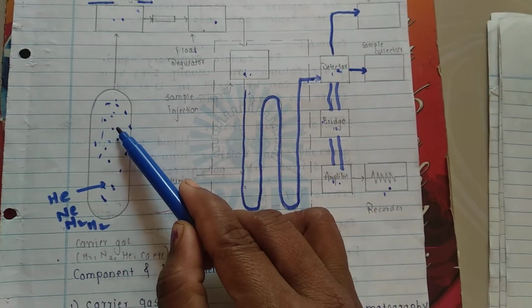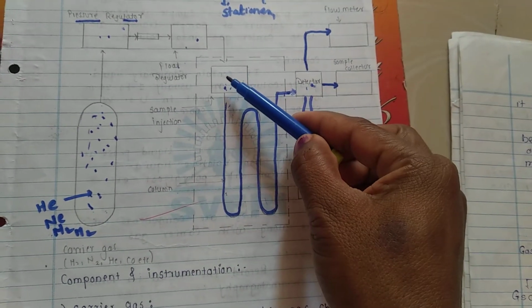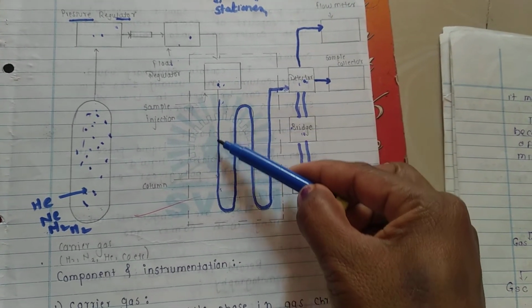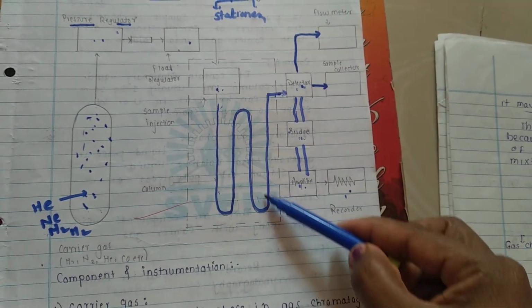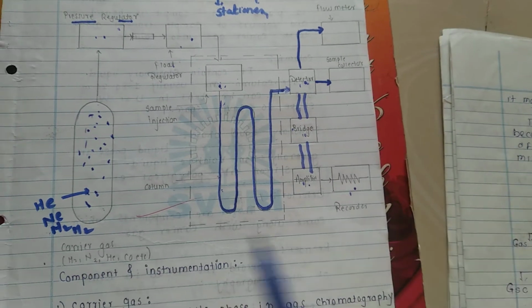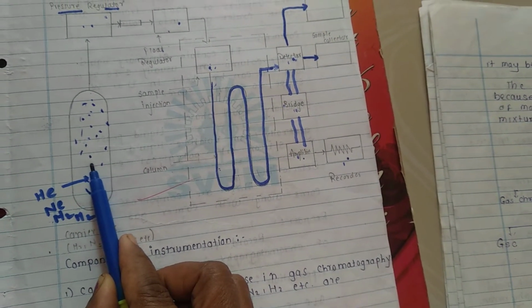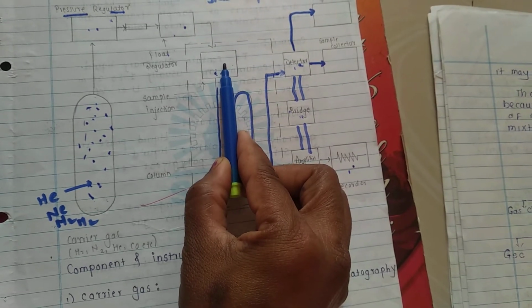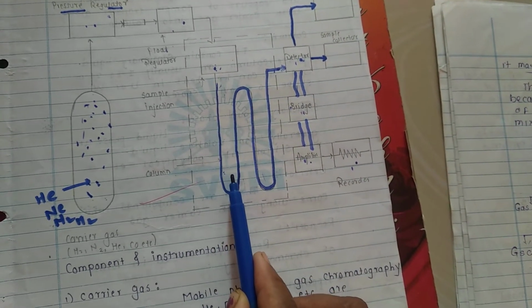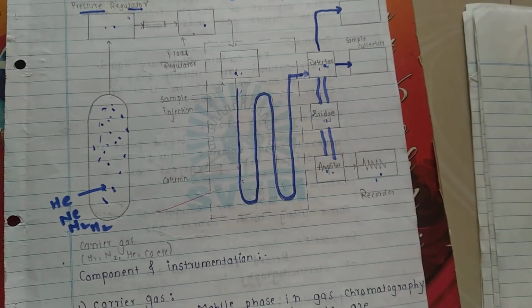This carrier gas catches the sample and transfers it into this column, and from this column to the detector. Means the role of the carrier gas is to transfer the sample into the column, and from the column to the detector.